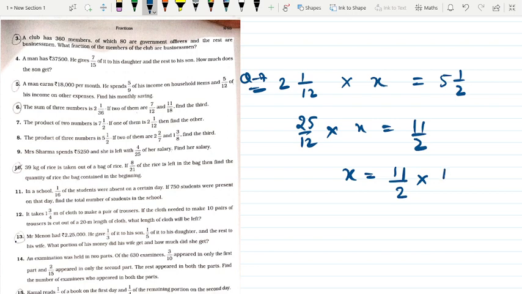So the denominator we will write at the upper side and the numerator at the downside. So 2 6s are 12. Okay, now in question number 7, let me check it out.